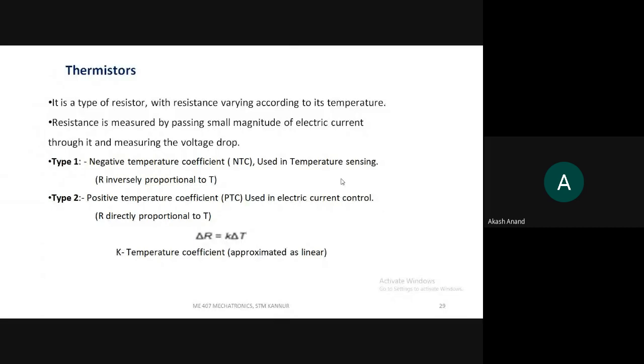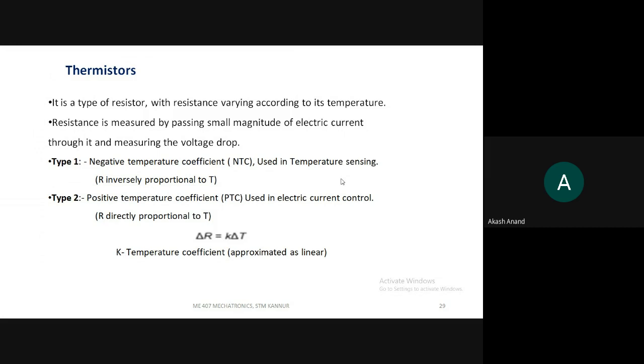Okay. Then the thermistors are of two types. One is a negative temperature coefficient thermistor, and the other is a positive temperature coefficient thermistor. Negative temperature coefficient thermistor is known as NTC thermistor, and positive temperature coefficient thermistor is known as PTC.